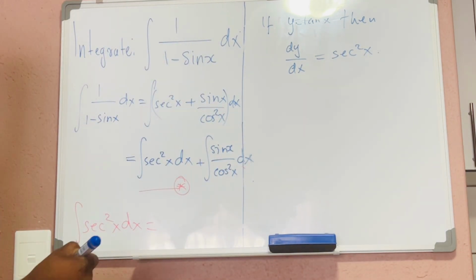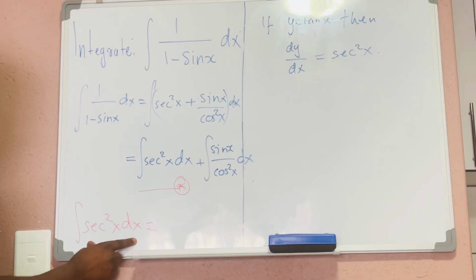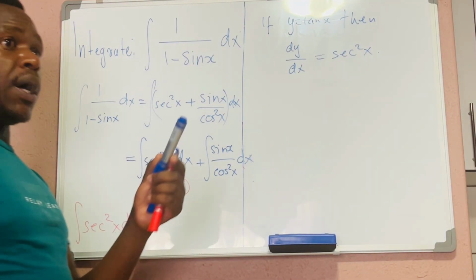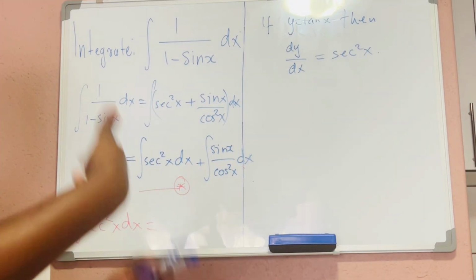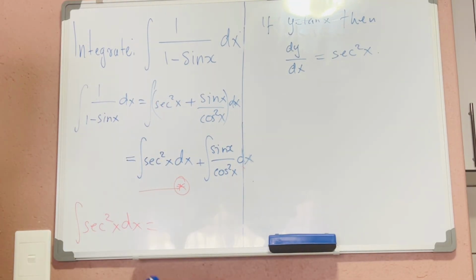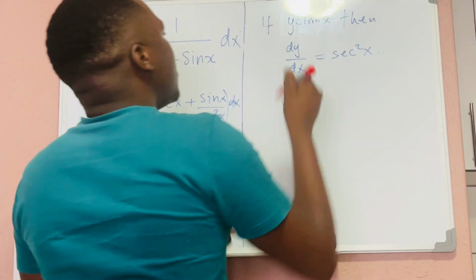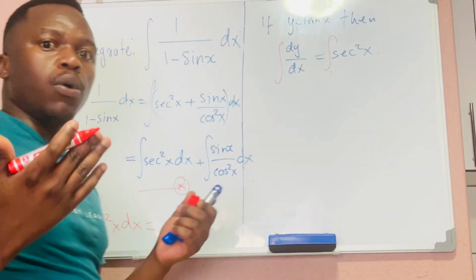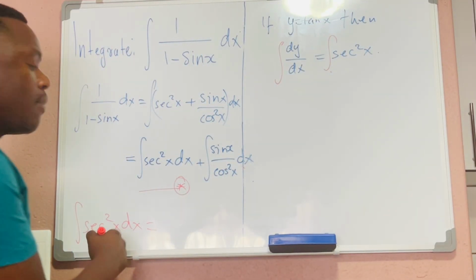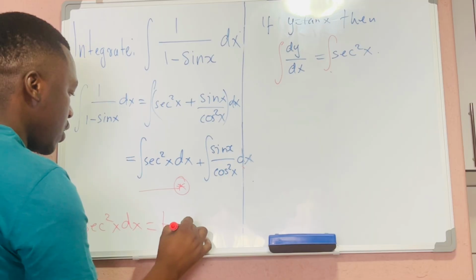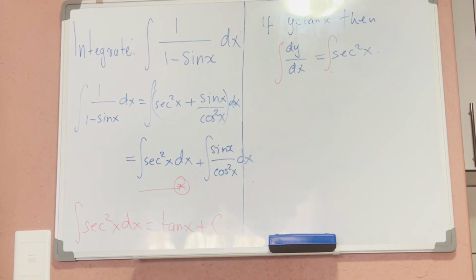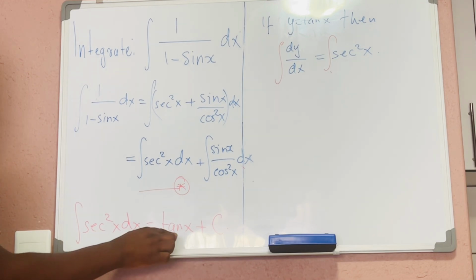So since this is integration, meaning that we are reversing, we are anti-differentiating, right? We normally call it the antiderivative. So if I want to integrate this guy, we actually go back to the original. So I can come here and say that this guy is actually the tangent of x add c, right? So this is what we have here.